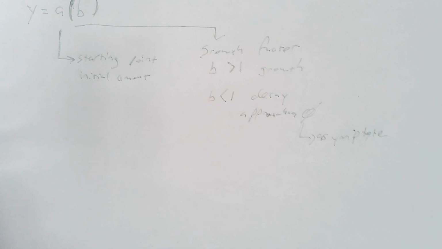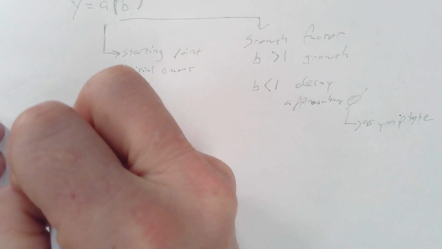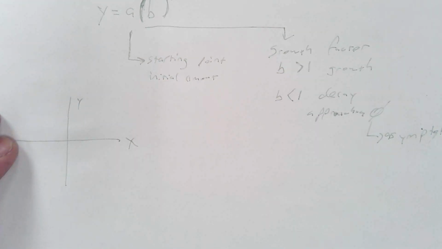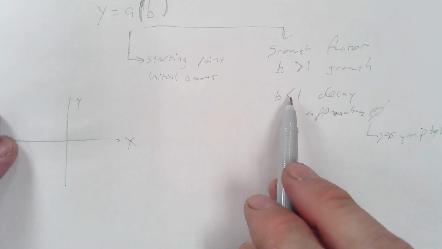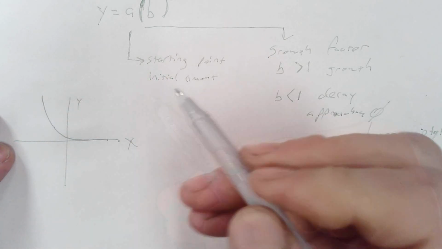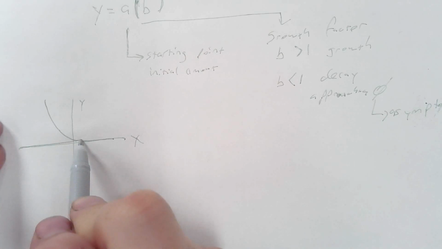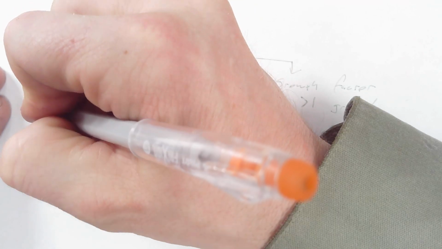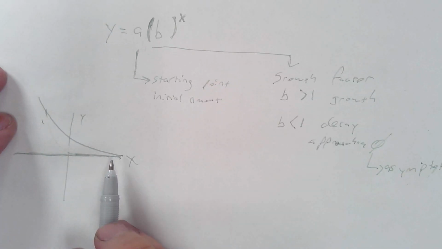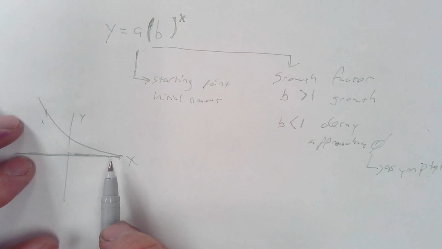Okay, so let's take a look at what I mean by this. If I have a y-axis and an x-axis, and a decay, so if my b value is less than 1, it's going to look something like this, where my x-axis is my asymptote. This is going to get closer and closer to the x-axis without ever actually reaching it.